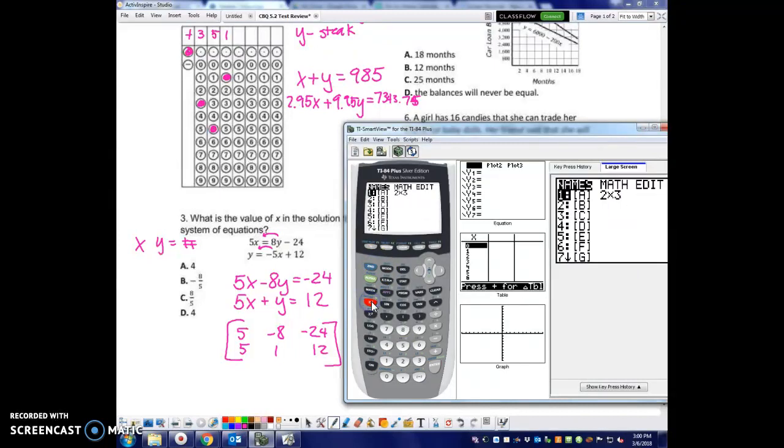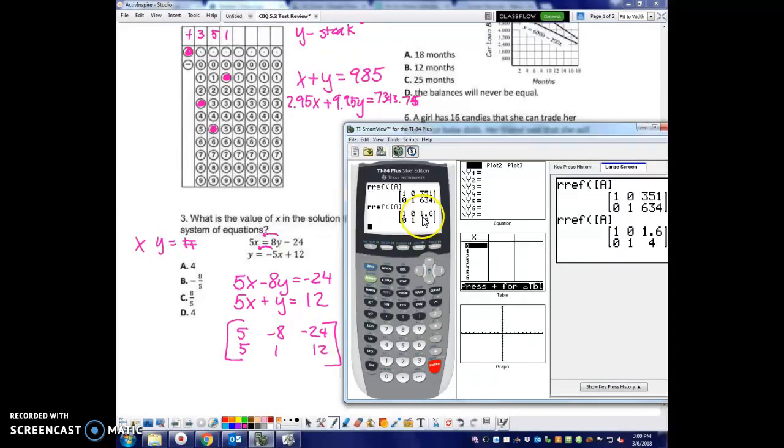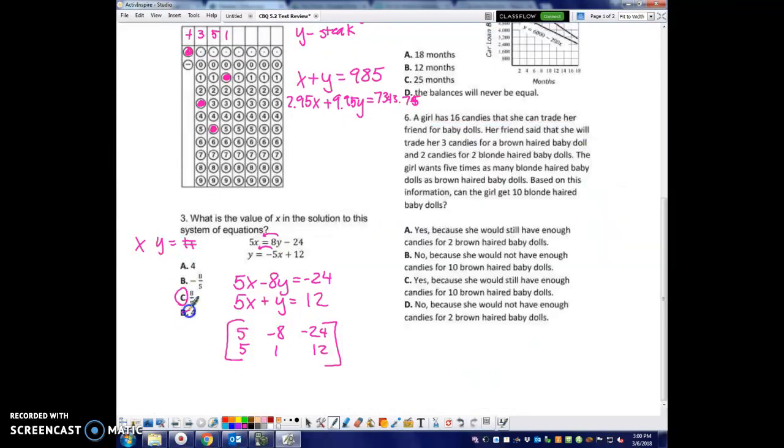Go back into matrix, over to math, RREF, back into matrix A. Remember, the top number is x, 1.6, and the bottom number is y, 4. If you hit math, enter, enter, it will give that to you in fraction form. So 8 over 5 is our x. We were looking for the x, so it's C.